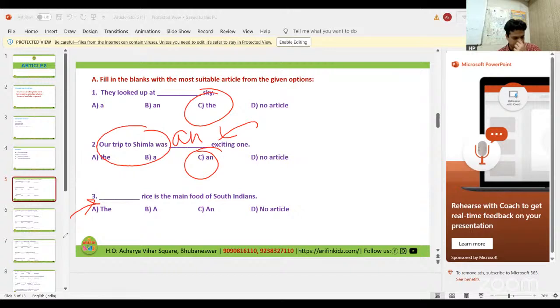What will it be? Like oranges, I have discussed this in the last slide itself. It says rice is the main food of South Indians. No articles. Just like oranges are good sources of vitamin C, here you will see rice is the main food of South Indians. It does not require any articles.